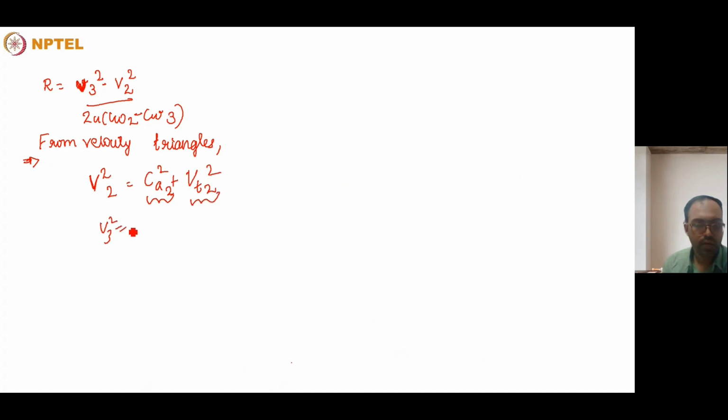Similarly, V3 squared is equal to CA3 squared plus VT3 squared, for constant axial velocity.